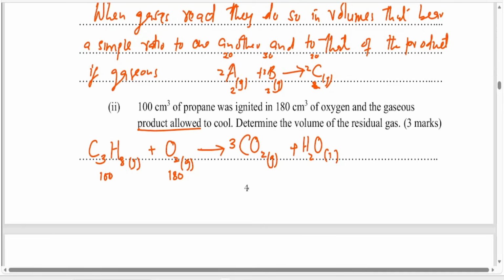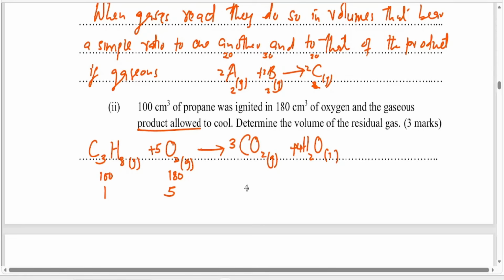Then for hydrogen 8, I put a 4 to balance. Then for oxygen I have 6 plus 4, 10, so I put a 5 here. As per what we are given, we need 1 mole of propane to react with 5 moles of oxygen.